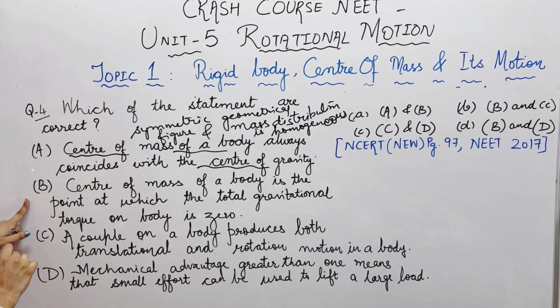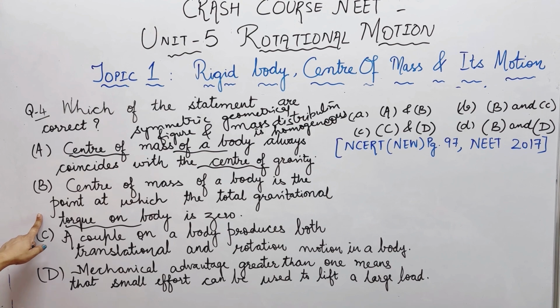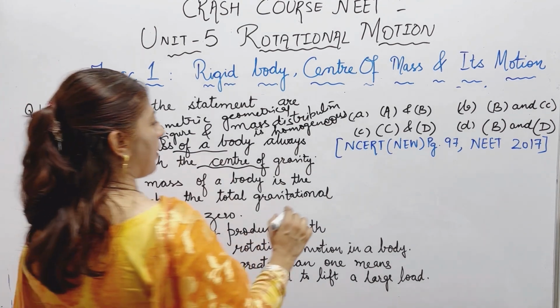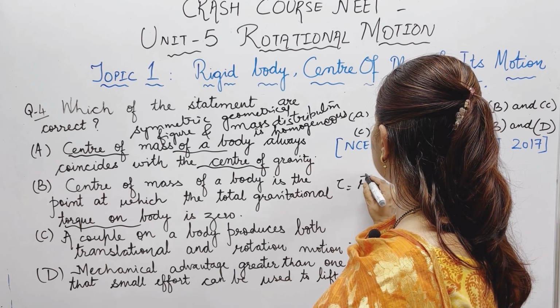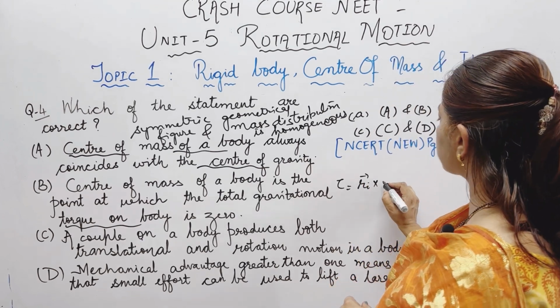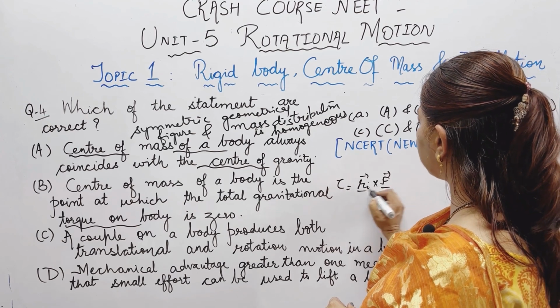The next one: the center of mass of a body is the point at which the total gravitational torque on the body is 0. If we talk about the center of mass, the torque is the cross product of the position vector and the force applied on it.